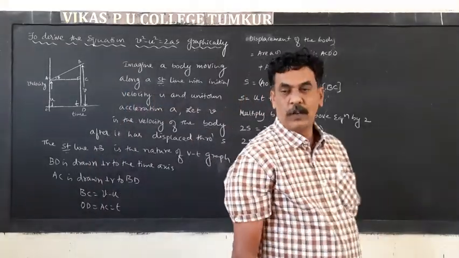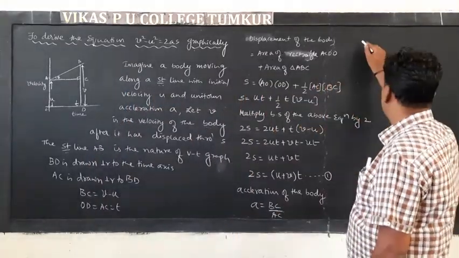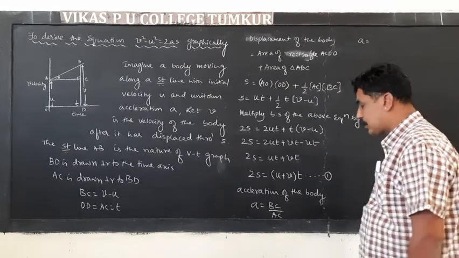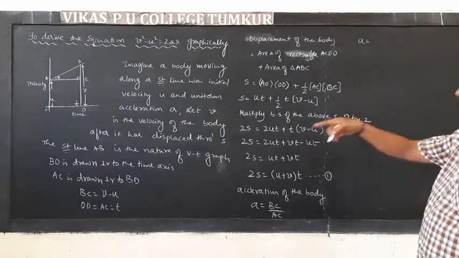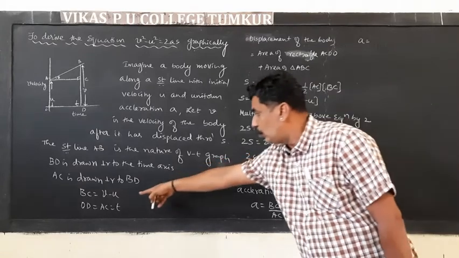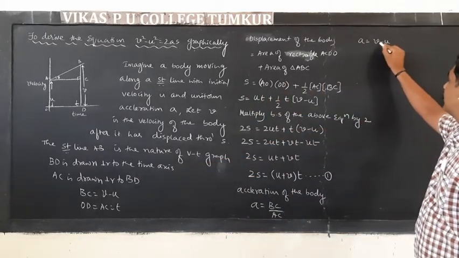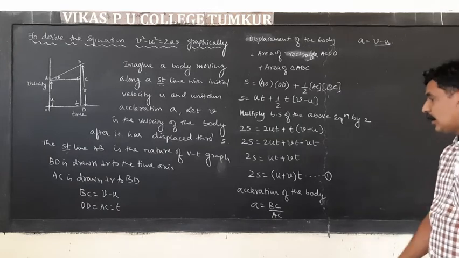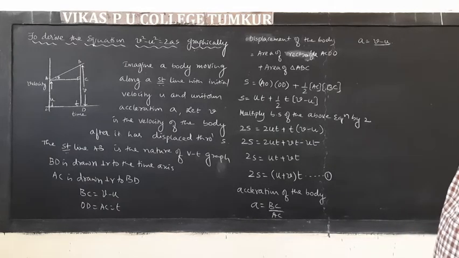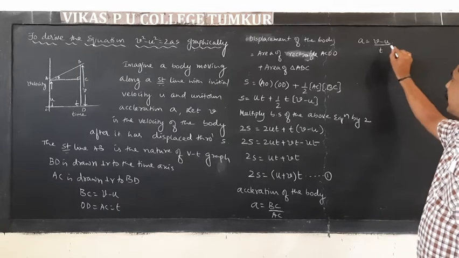Now I substitute for BC. a is equal to BC, and I substitute for BC, which is v minus u, and AC will be giving you the time factor.